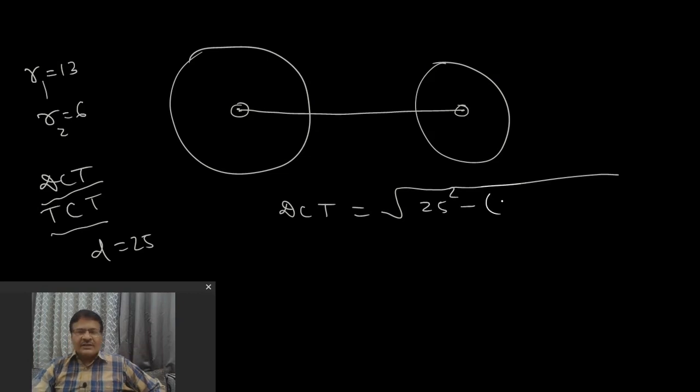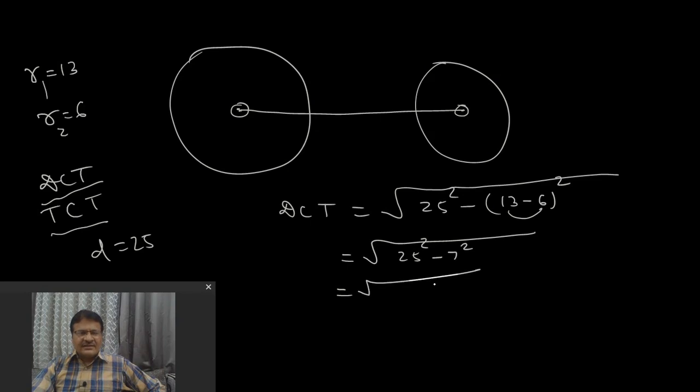So R1 is 13 minus 6, that whole square. Is that clear? So direct common tangent equal to under root of 25 square minus 13 minus 6, 7 square. So can I say it is 25 minus 7 and 25 plus 7.